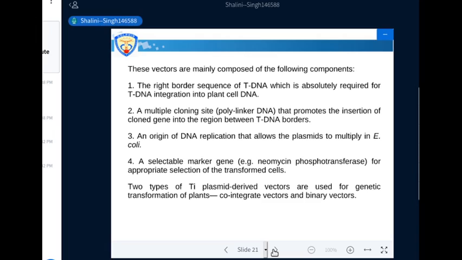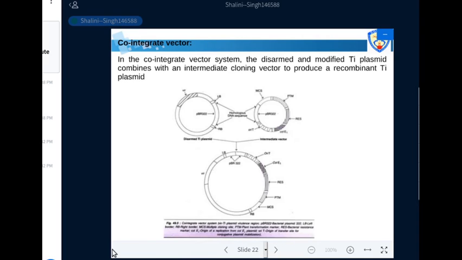and there are two types of TI plasmid derived vectors which are used for genetic transformation of plants: co-integrate vectors and binary vectors. This is a co-integrate vector system.